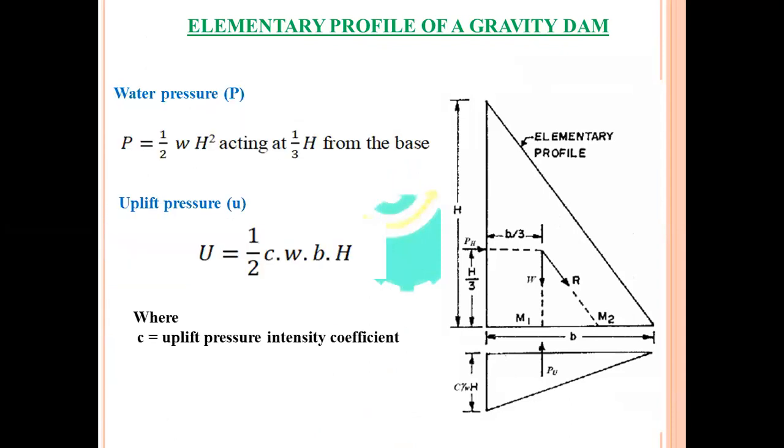Next one, water pressure, half W H square. In which direction does it act? In the horizontal direction. Next one, uplift pressure, half C W B H. In which direction? Vertically upward. That means the weight of the dam acts vertically downward and the uplift pressure vertically upward.